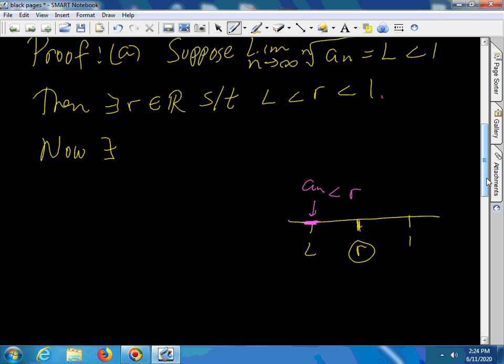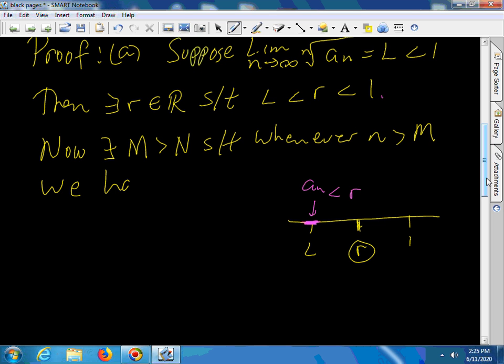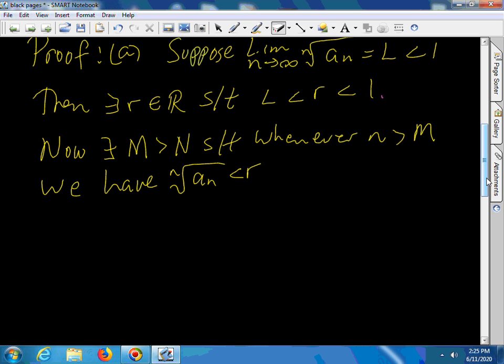Now, there exists an M bigger than N such that whenever n is bigger than M, we have that the nth root of a sub n is less than R. Okay, we have this property.